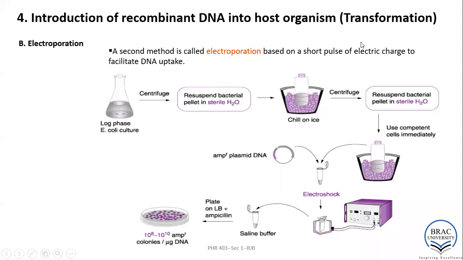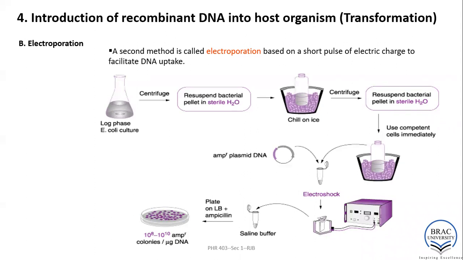On the other hand, we can also use electroporation, or electrically competent cells, which have a higher efficiency than chemically competent cells. We can use electroporation, but we need to have the electrical equipment to do this process.